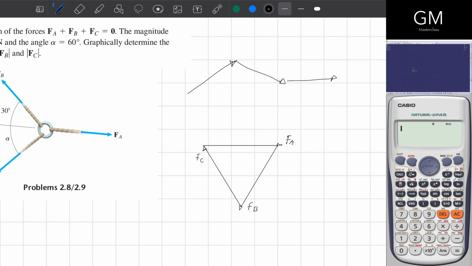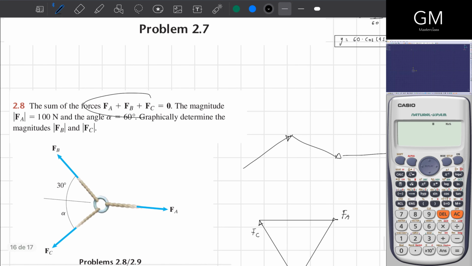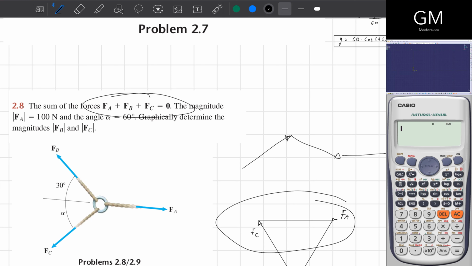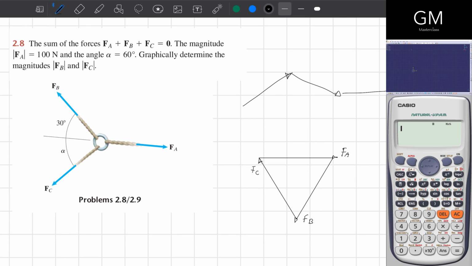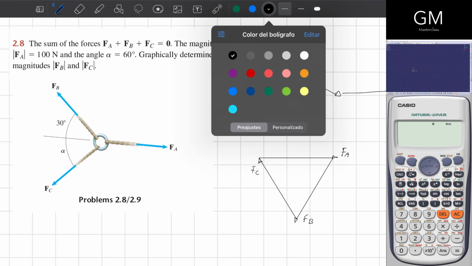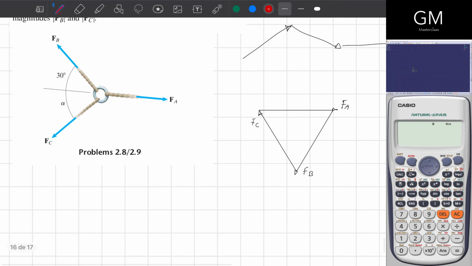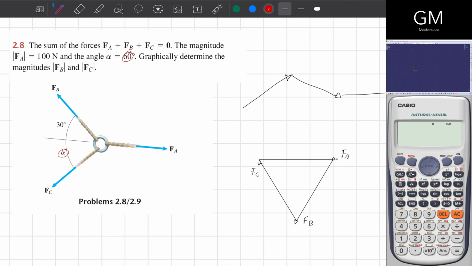And once I've made that clear, and that these three vectors met the requirement, what I'm going to do is start writing down the angles between them. In this case I have an angle alpha, which is equal to 60 degrees, generated between Fa and Fc.